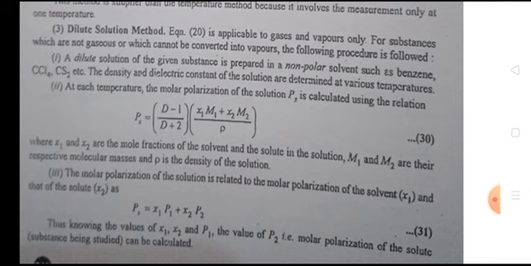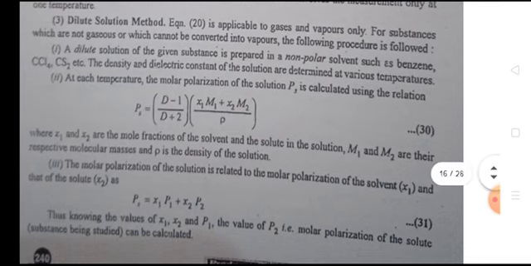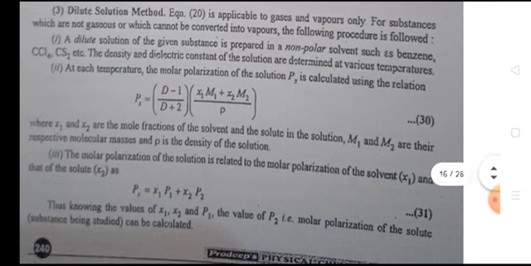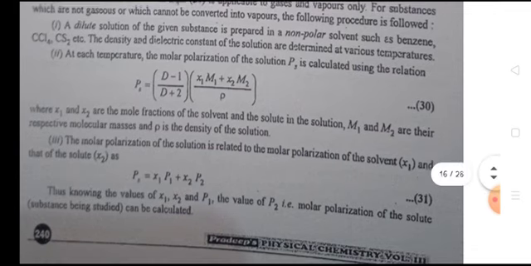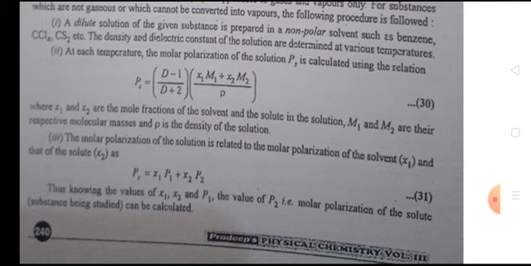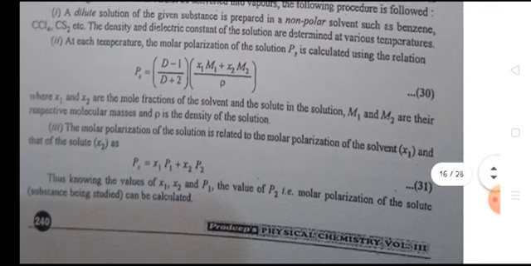Third, the dilute solution method. Equation 20 is applicable to gases and vapors only. For substances which are not gases or which can't be converted into vapors, the following procedure is followed. A dilute solution of the given substance is prepared in a non-polar solvent such as benzene or CCl4, and the density and dielectric constant of the solution are determined at various temperatures.